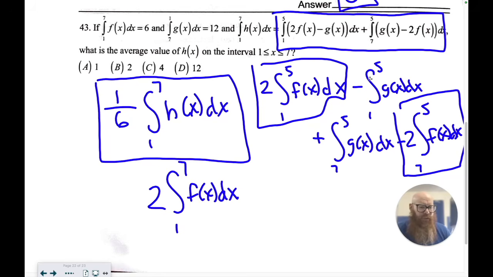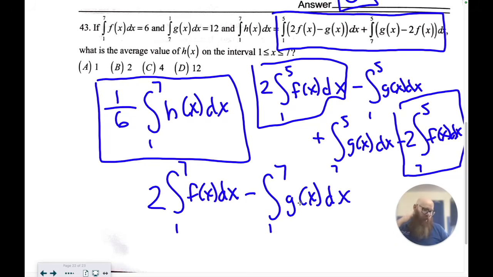And then the same thing happens here. Now I have minus. If I flip this and make that negative, then I can go from 1 to 5, and 5 to 7 is really 1 to 7, but I'm subtracting both. So I'm really doing minus the integral from 1 to 7 of g of x dx.